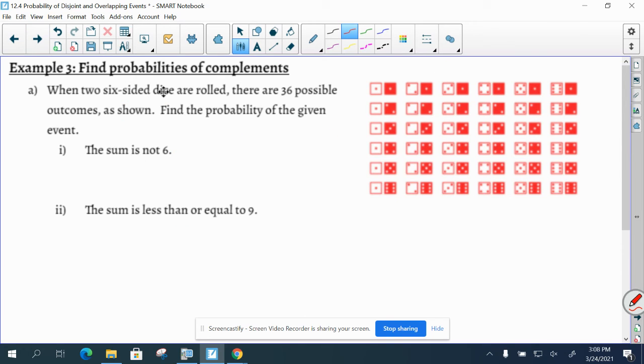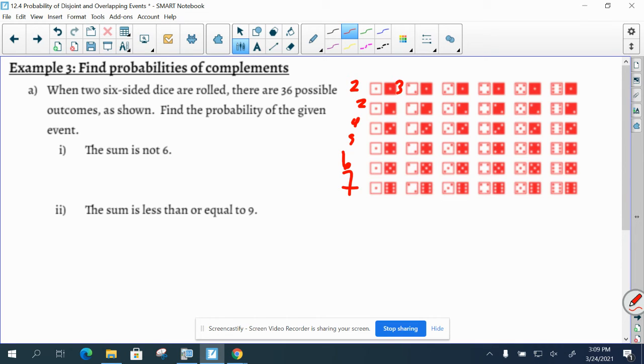Okay, so here we have the probability of 2 dice. It's talking about the sum of the 2 dice, so it's nice to have it all laid out. You're asking for the probability that the sum is not 6, and that the sum is less than or equal to 9. So this would be 2. This actually goes in a nice pattern. This would be 2, 3, 4, 5, 6, 7.